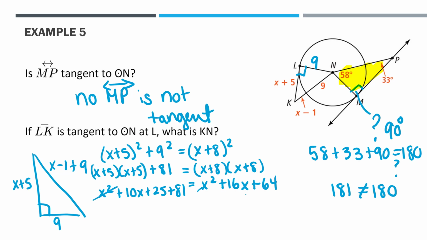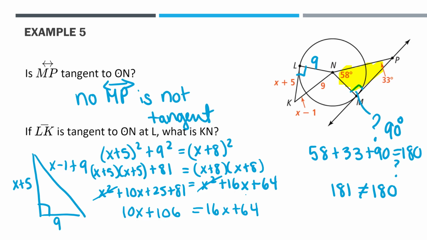The x squares on each side will simplify and cancel each other out. If we bring the x squared from the left-hand side to the right-hand side, we would subtract x squared from both sides. Then we have 10x plus 106, which is equal to 16x plus 64.